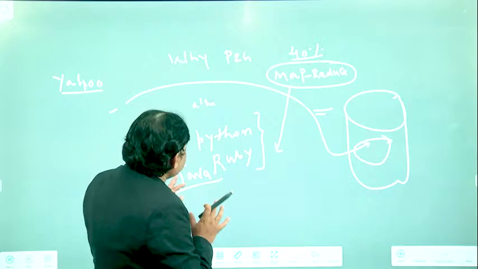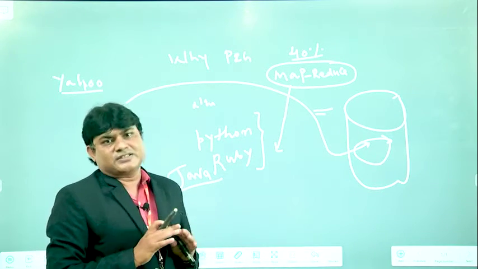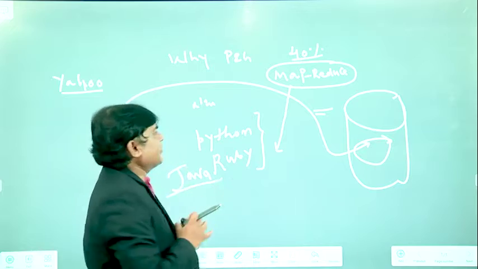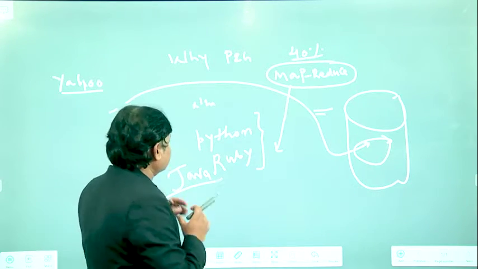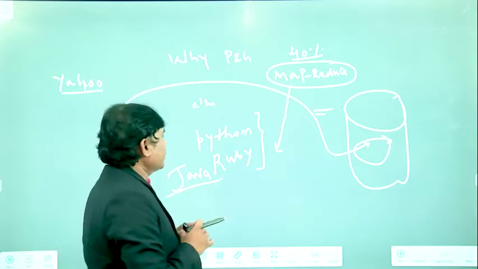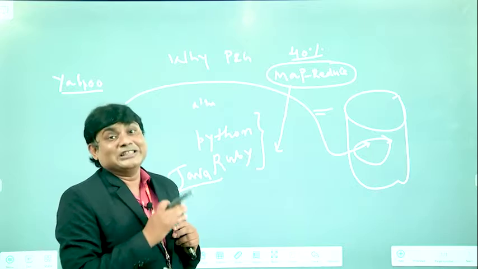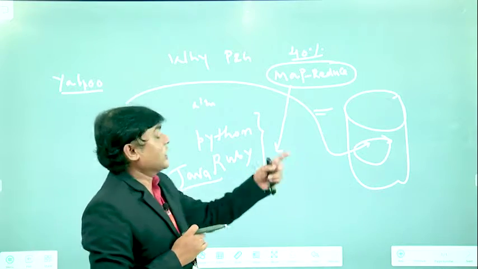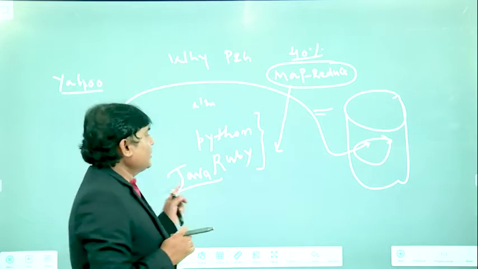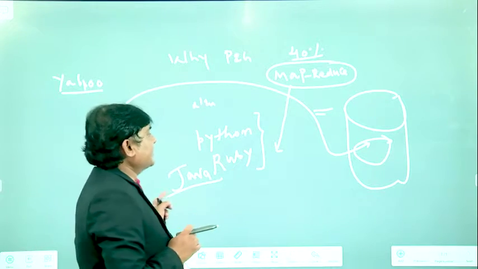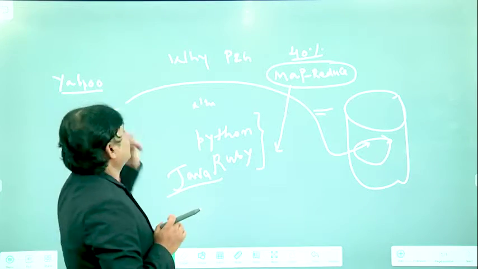But Yahoo has very good software engineers who are very good in scripting languages like Python, Ruby, and shell scripting, but not in Java. So how will they interact with Hadoop, process the huge data sets, communicate with Hadoop, and get the results? That was the great challenge for Yahoo.